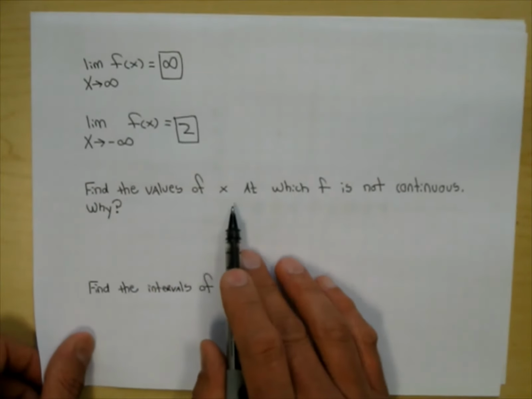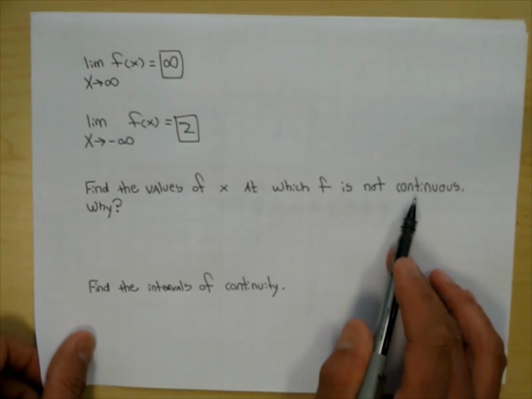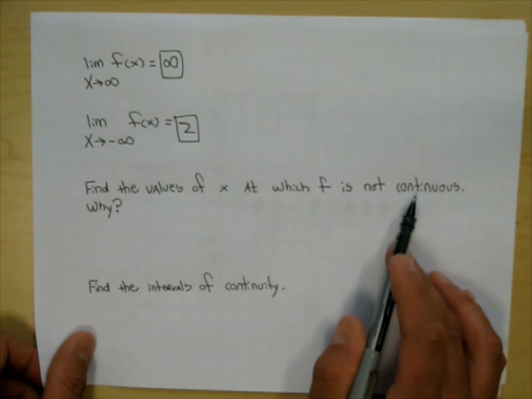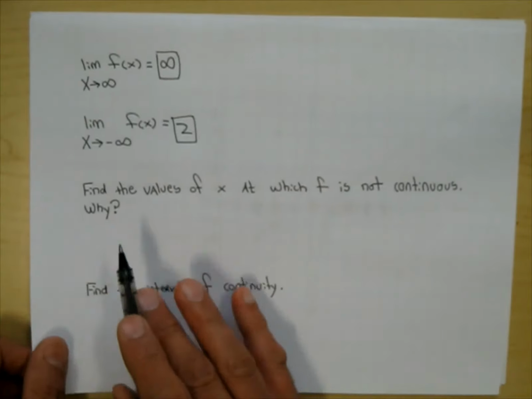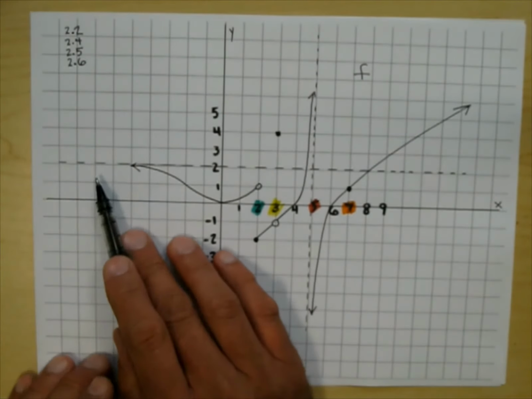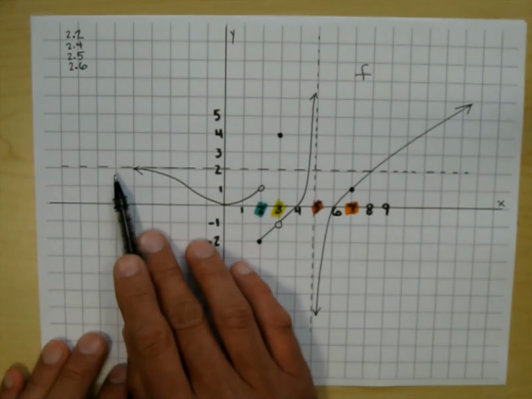Find the values of x at which f is not continuous. Okay, so we want our points of discontinuity, and then they ask why, and that can come from the checklist. Our points of discontinuity are the points where you would have to lift the pencil up to continue drawing the graph.